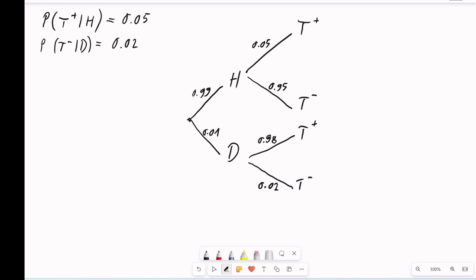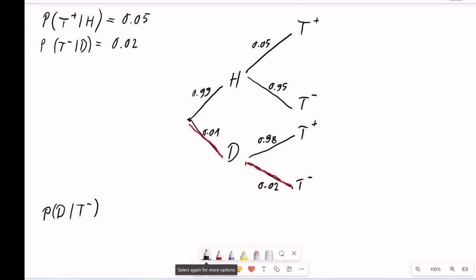And now what we want to know is, for example, the probability of our subject having the disease, even though the test is negative. So this is something that we could be interested in. So what we want to get is this path here. We want to go to a subject that has the disease, and then further on, in this case, that we observe a negative test outcome.